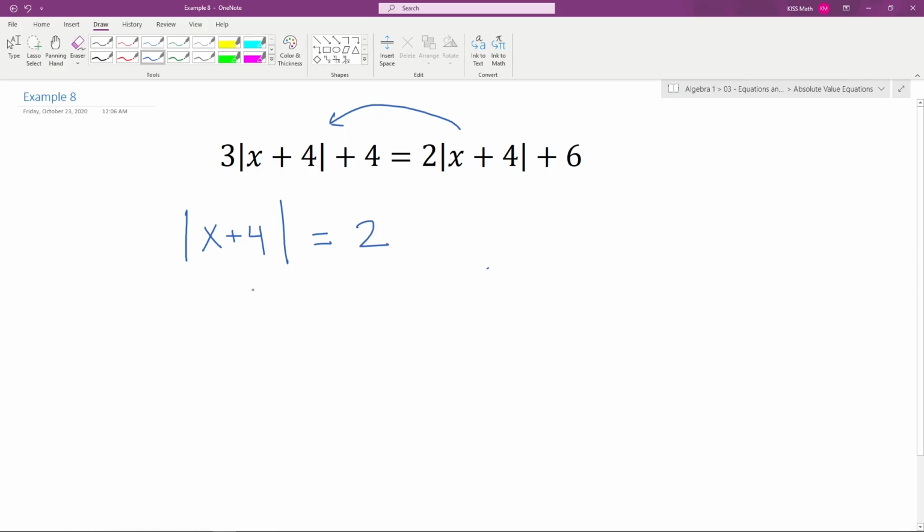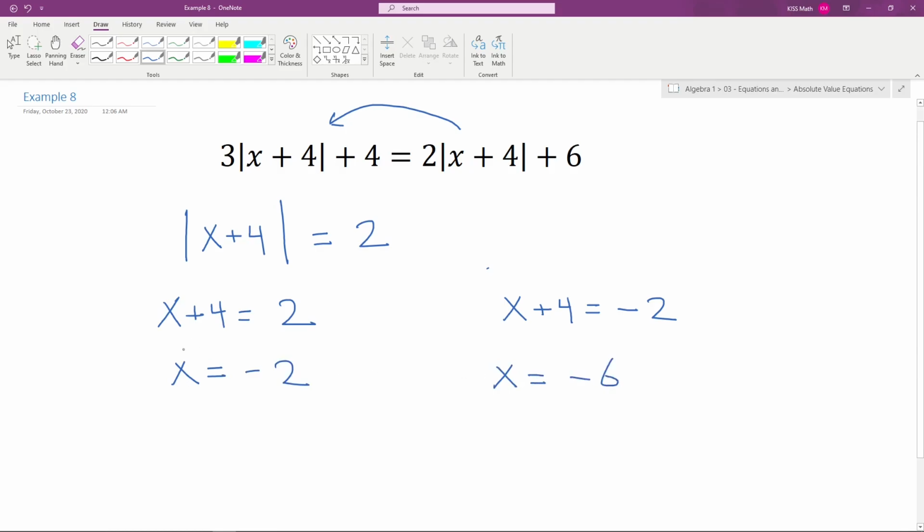And then it becomes a much easier problem than we thought it was going to be. So x plus 4 equals 2, and x plus 4 is negative 2. We solve for these equations. I get x equals negative 2 and x equals negative 6.